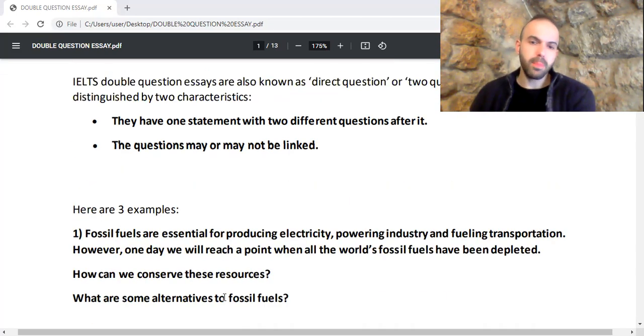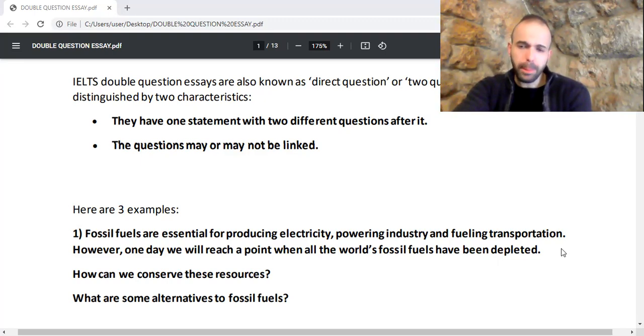Here are three examples. So I'm going to read the first example question. Fossil fuels are essential for producing electricity, powering industry, and fueling transportation. However, one day, we will reach a point when all the world's fossil fuels have been depleted. Depleted means fully consumed, okay?